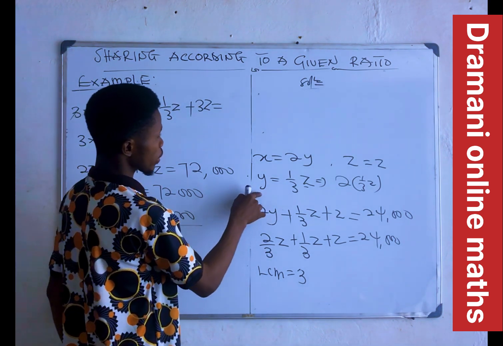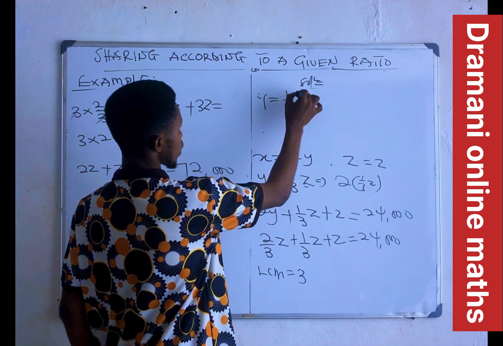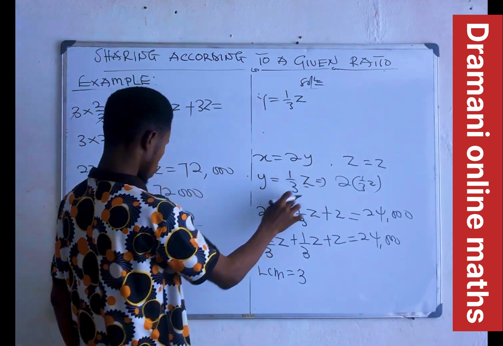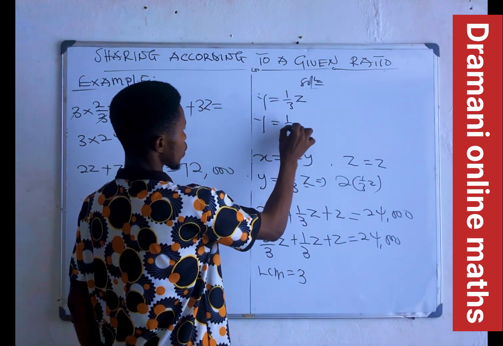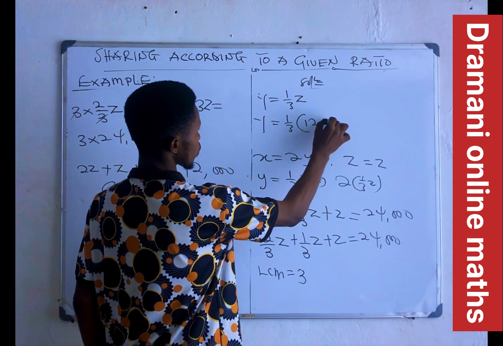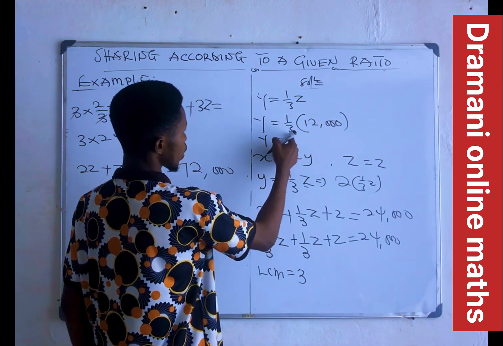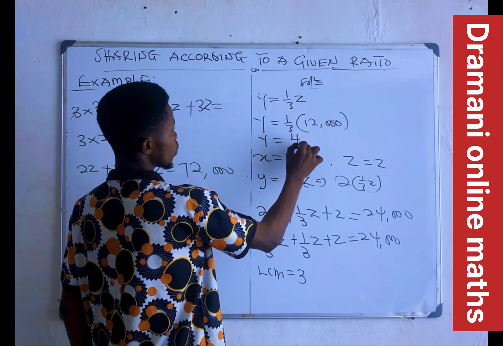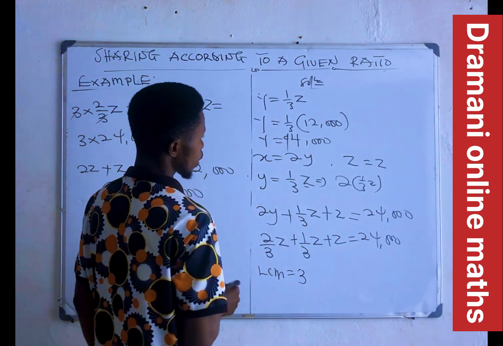But remember that brother Y was equal to 1/3 times brother Z. But Z is 12,000. It means that my Y is going to be 1/3 multiplied by 12,000. So my Y will be, 3 can go into 12 4 times. We have 4,000 Ghana cedis.